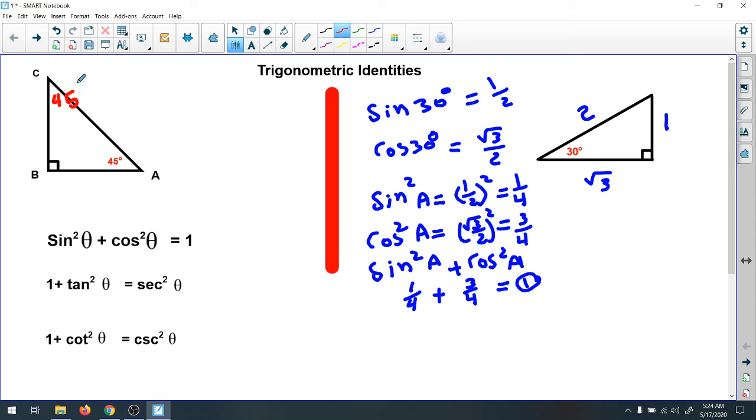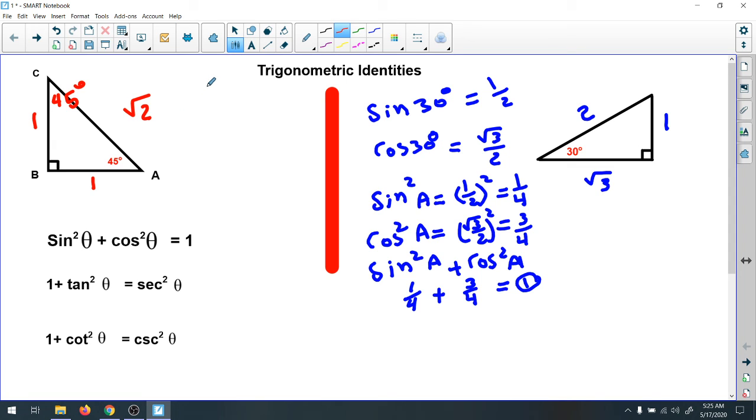If this side is one unit, this side will be 1 unit. This is an isosceles right triangle. Of course, the hypotenuse, using the Pythagorean theorem, will be square root of 2. So 1 squared plus 1 squared is 2, and this is square root of 2.